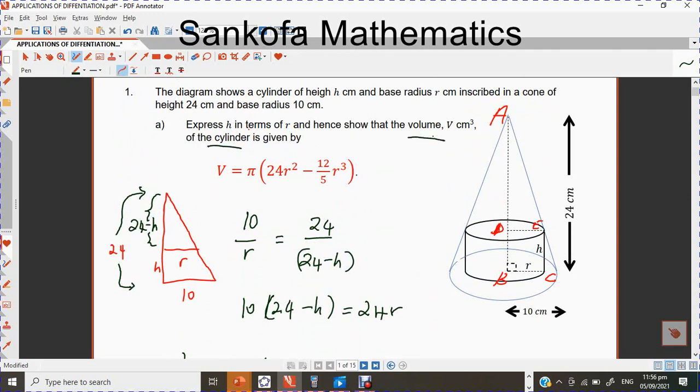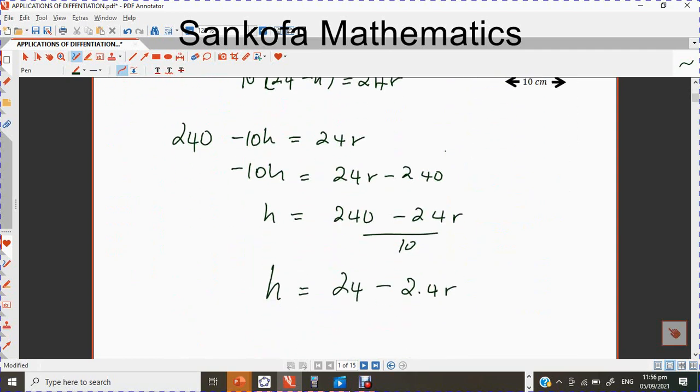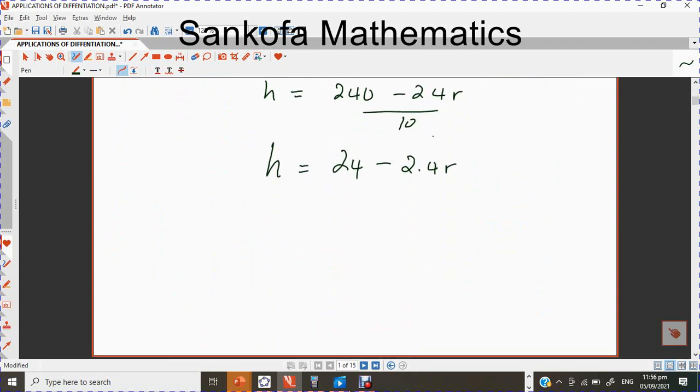All right, so the volume of the cylinder, well, let us just get one thing straight. You know that the volume of a cylinder is pi r squared times h. So the volume is going to be pi, and our radius r squared, and our h now is replaced with 24 minus 2.4r.